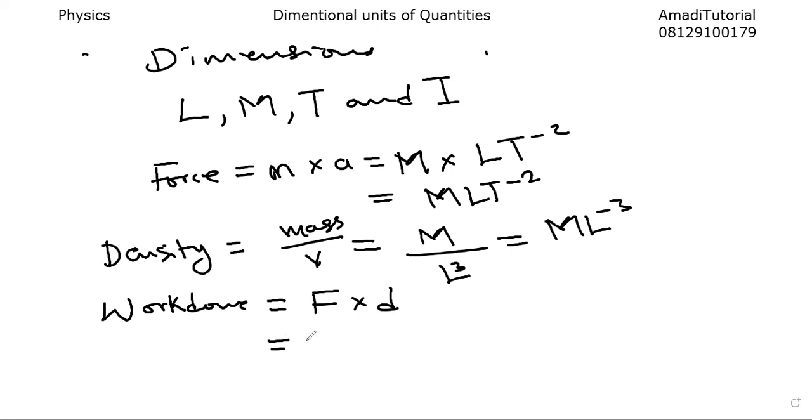That's M L T raised to power minus 2, then times distance. Distance in fundamental form is L. So work done will be M L raised to power of 2 T raised to power of minus 2.